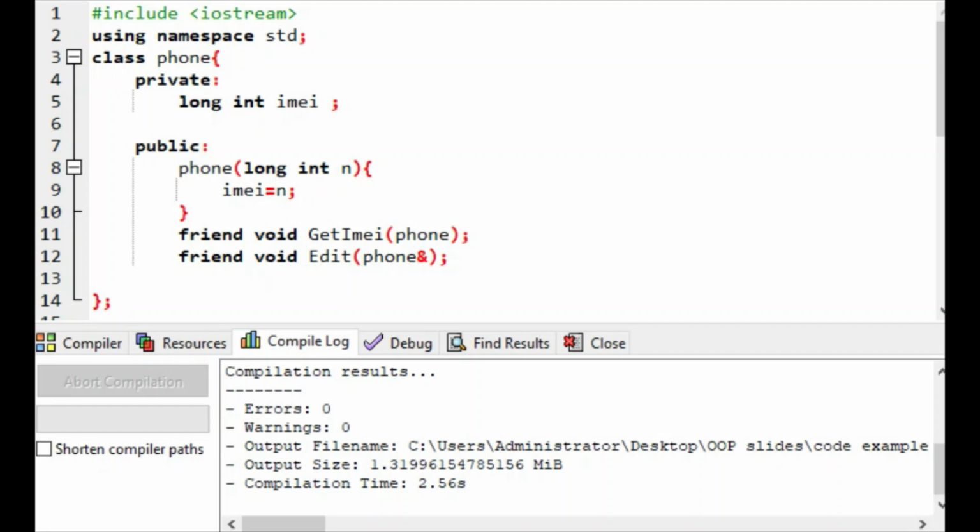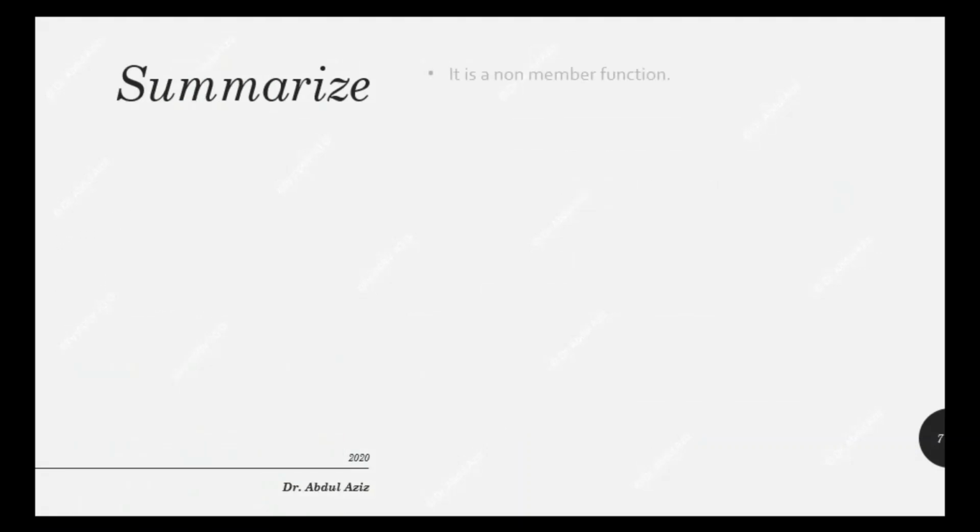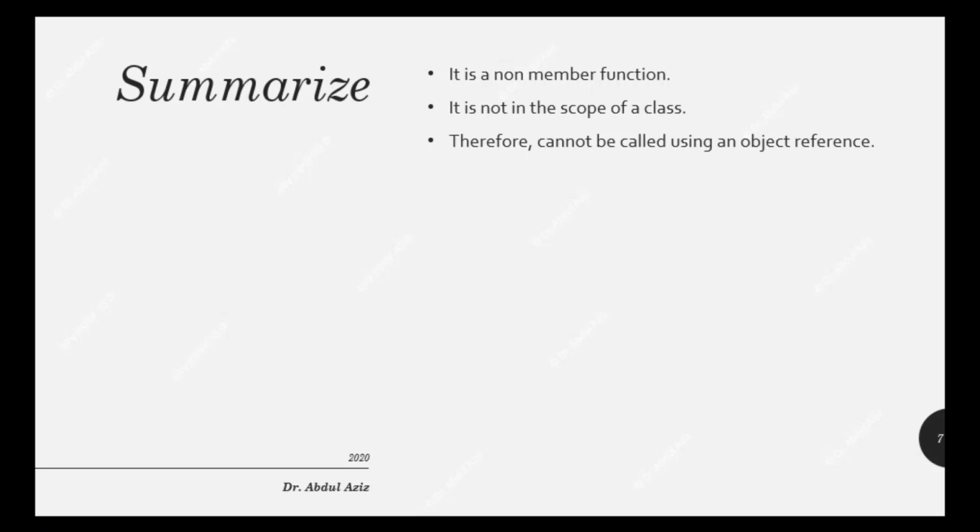And let us summarize the lecture. So remember that a friend function is a non-member function. It is not in the scope of the class. It is somewhere outside the class. Therefore, we are not going to call this function using the object reference.